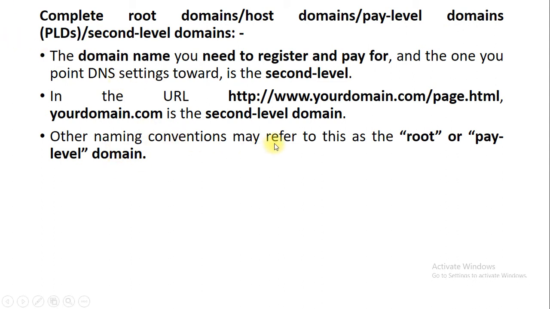Now other naming conventions may refer to this as a root or pay level domain. That is the first home website, or we can say that is the root domain through which you are able to access all the pages which are connected or associated with your website.